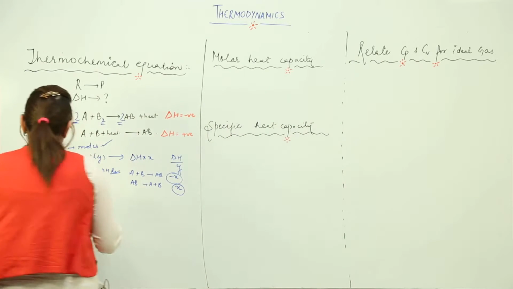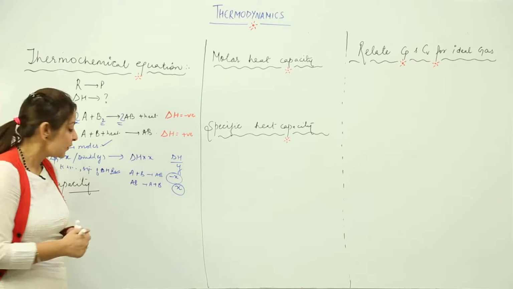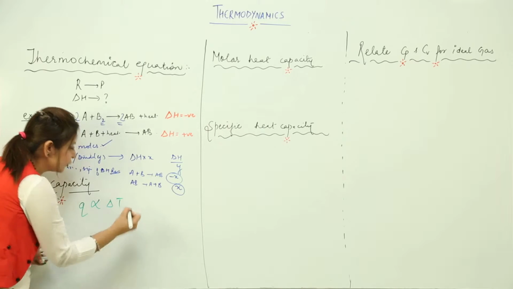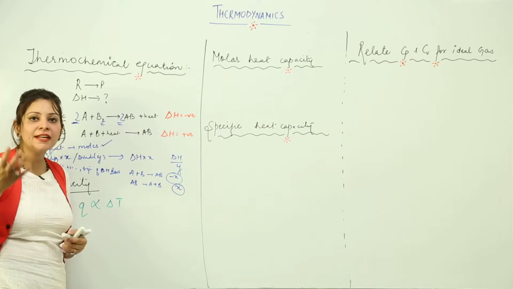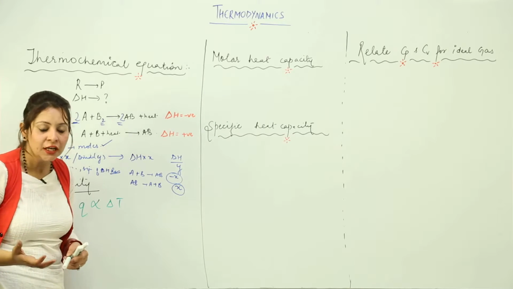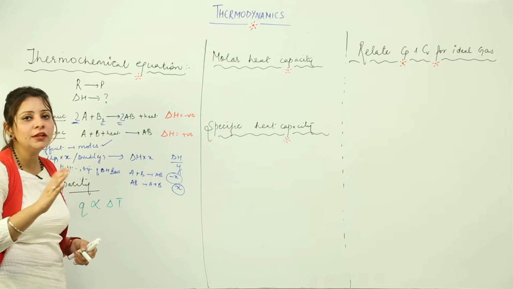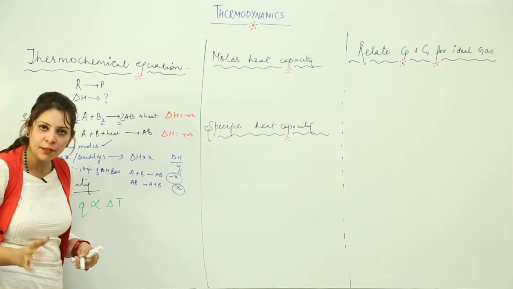So see, when we wish to change the internal energy of the substance, obviously we have to supply it heat, and how much Q we have to supply depends directly on the change in the temperature. Like if I want the change in temperature to be to a greater extent, I have to supply it with more heat. If I want a little change in temperature, I have to supply it with a little heat. So as a whole, I can say that Q is directly proportional to the change in the temperature.